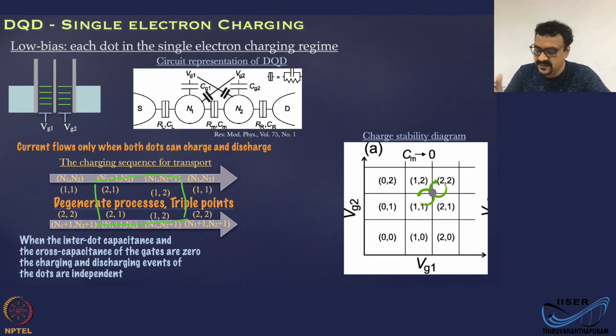Then we look at how the transport is going to happen when VG1 and VG2 are varied. Generally, the charge stability diagram for a double quantum dot always deals with two voltages, the voltages on these two gates. It doesn't talk about the voltage across the source and drain.